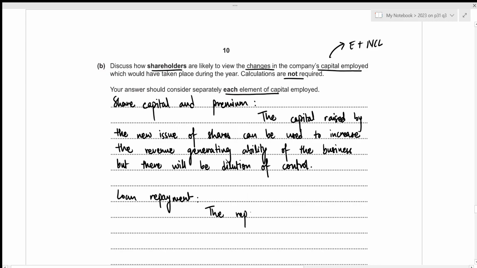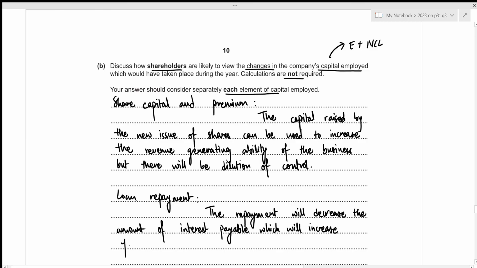The repayment will decrease the amount of interest payable, which will increase future profits.